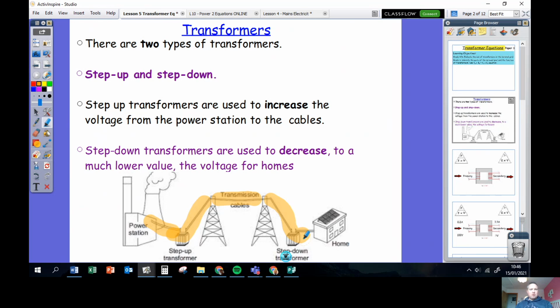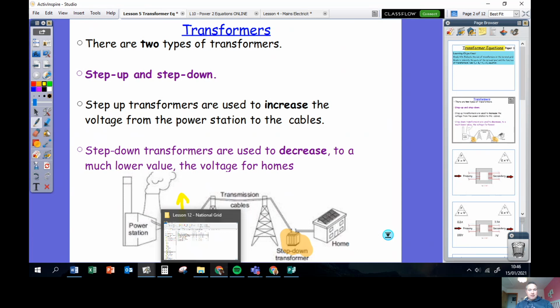And we said there were two sorts of transformer in the national grid, a step up transformer and a step down transformer. The step up transformer, well, its name is the clue, made the voltage of the power supply go up, and the step down transformer made the voltage of the power supply go down.